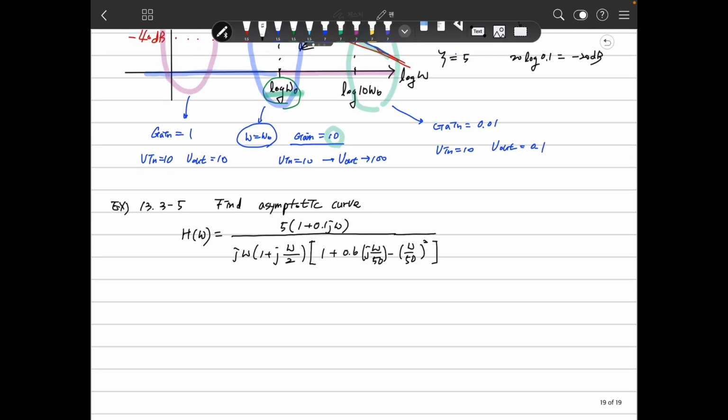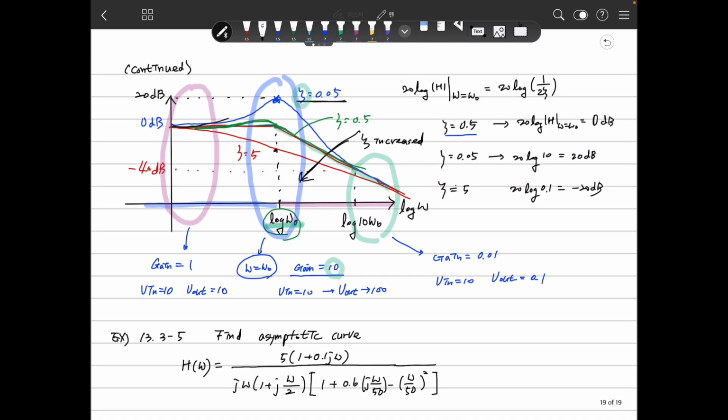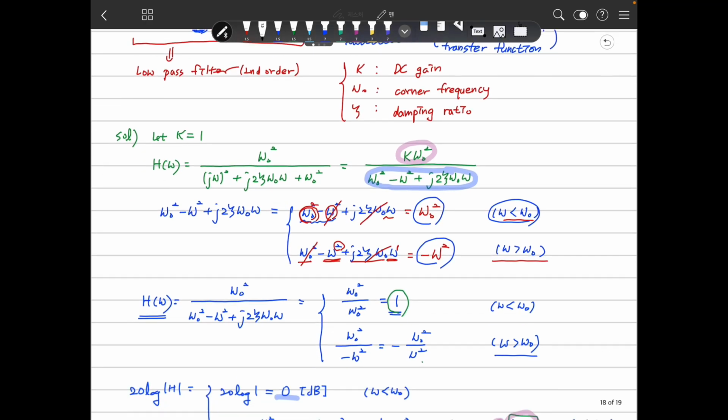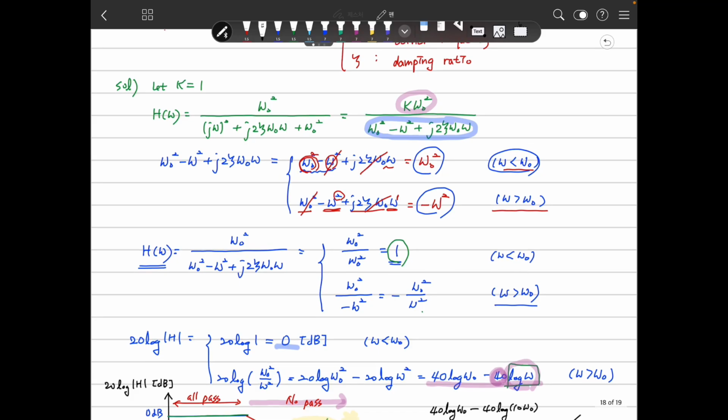So before we discuss that, I will summarize how to draw the Bode plot, especially the magnitude of the Bode plot. You remember, in the case of the secondary systems, what happened at the corner frequency?